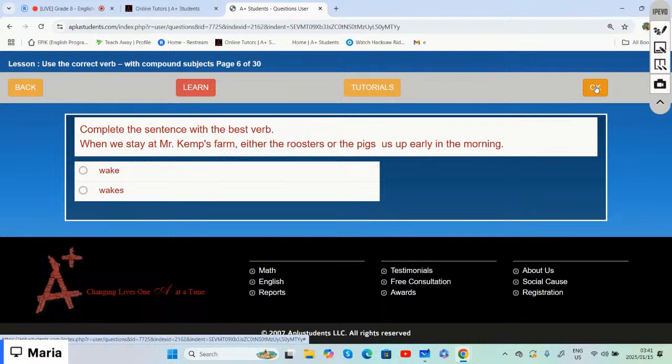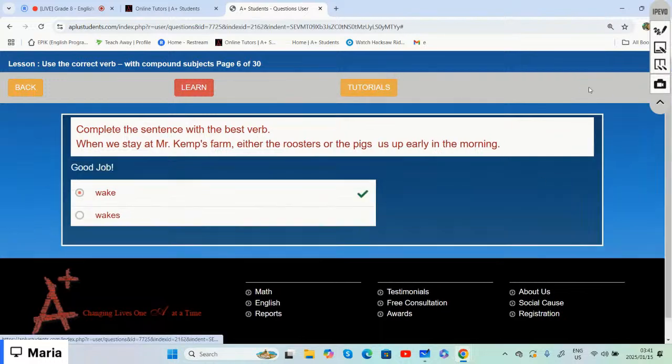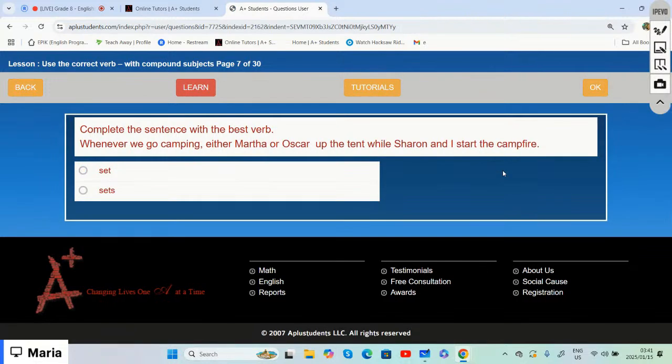So when we stay at Mr. Kim's farm, either the rooster or the pigs, they wake, because roosters or pigs, they wake us up. If they had said this or that, without showing it's plural, then we would have said wakes. But since a noun is plural, we had to say wake us up.